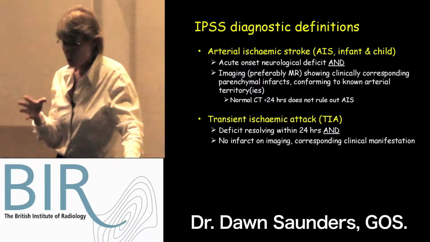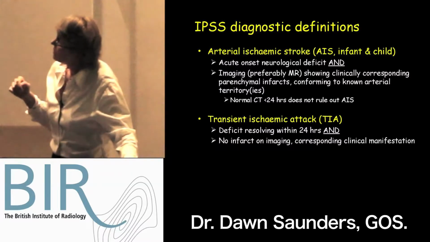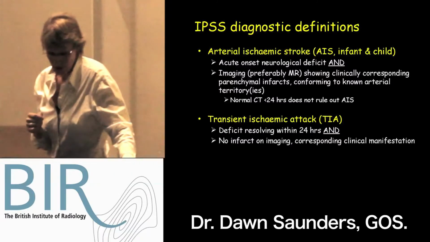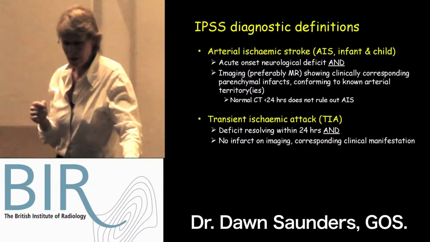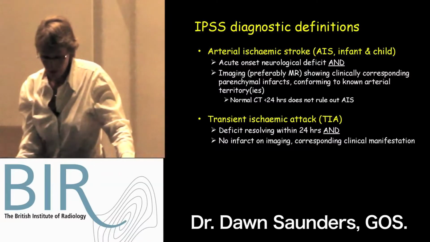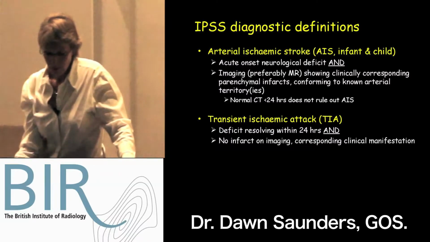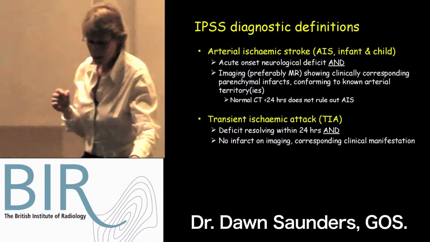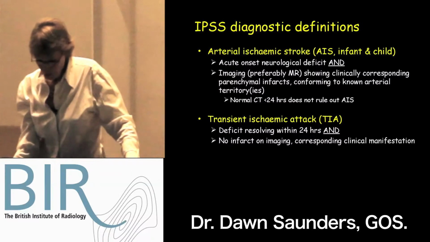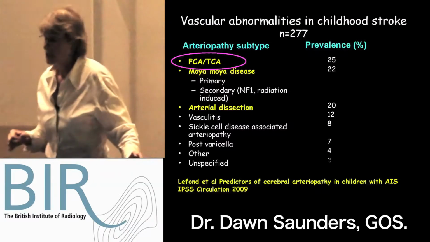And this is a new departure where a clinical definition is determined by an imaging appearance. And a normal CT scan within 24 hours does not rule out an arterial ischemic stroke. And that's different from a transient ischemic attack, where the deficit resolves within 24 hours. There's no infarct on imaging which corresponds to the clinical manifestation.